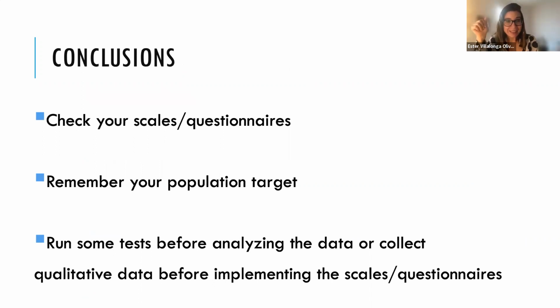Check your scales, questionnaires, tools. Remember your target population. Run some tests before analyzing the data. And this is not difficult. If you start using some software for psychometric properties evaluation, you can run Cronbach's alpha, or you can start using graphs like the Rasch ones I showed you, or the other ones, to see if you really can use them without many issues.